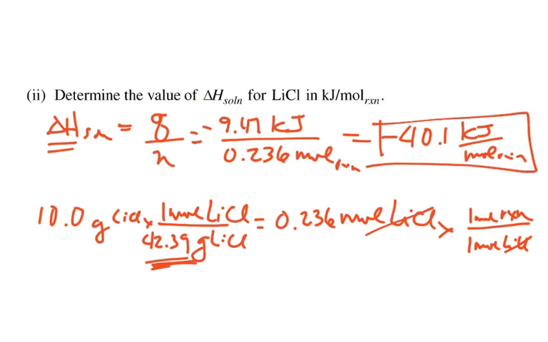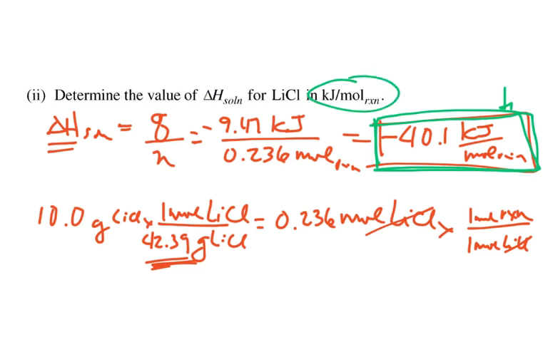So back on the scoring guidelines, we're going to get 1 point for here, and you have to have the right sign for this to work. You really should write in the units, but the units are right here, so if you left the units off and this just said negative 40.1, you'd actually be okay. That's dangerous. And then the other point is for getting those moles of lithium chloride.